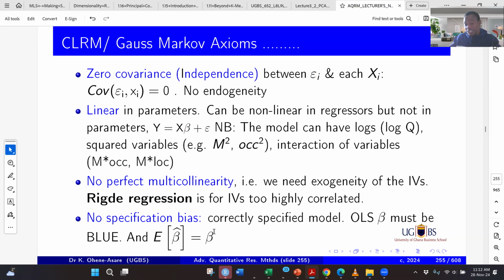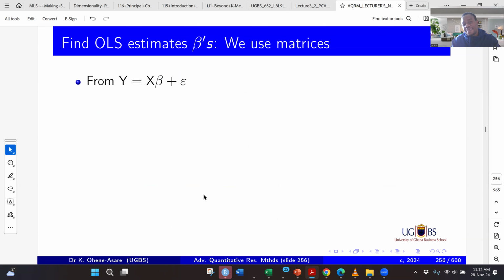If it is closer, then we say that it is unbiased. If it is not closer, it's biased. How do you know whether it's closer or not? Don't worry, we'll see.